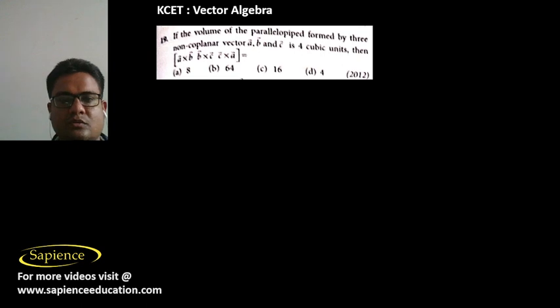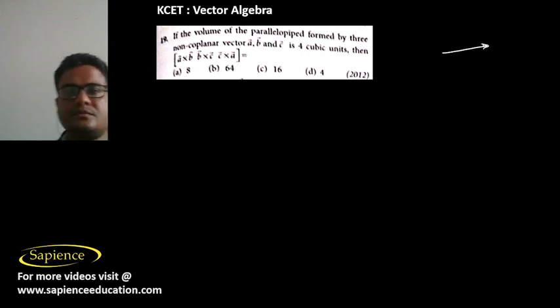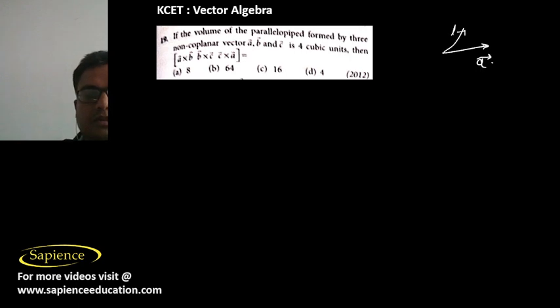Then 19. If the volume of the parallelepiped formed by three non-coplanar vectors A, B, C is 4 cubic units, what is the volume of the parallelepiped formed by three non-coplanar vectors A cross B, B cross C, and C cross A?